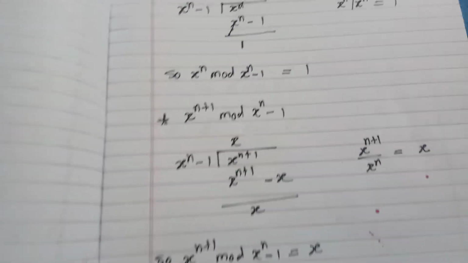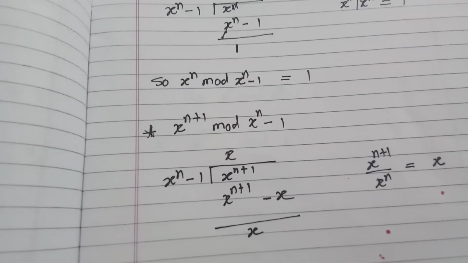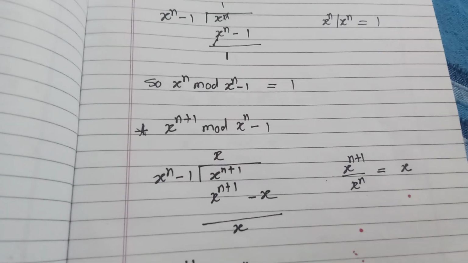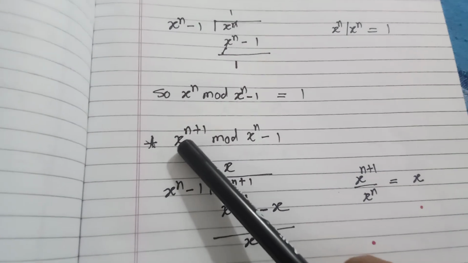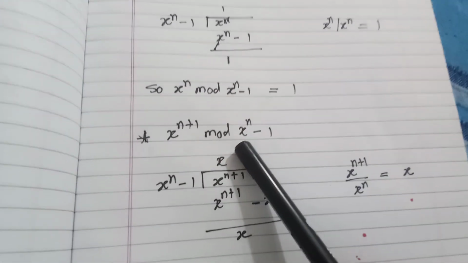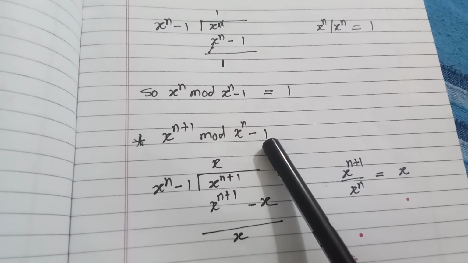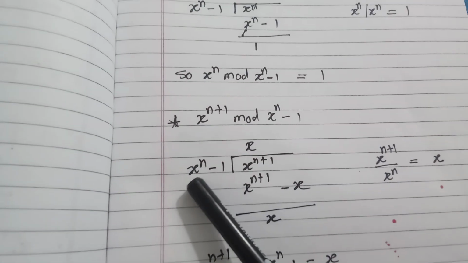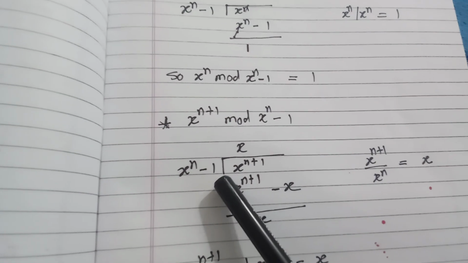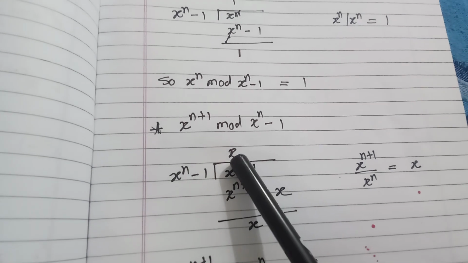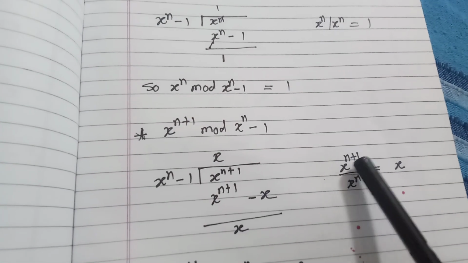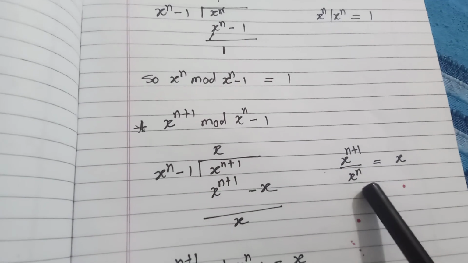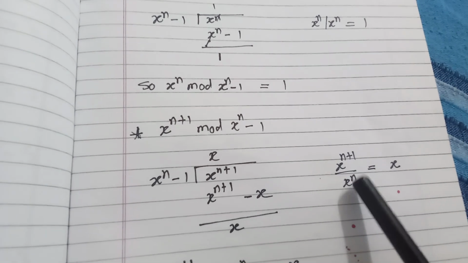Now let us take x^(n+1) mod x^n minus 1. That means you have to divide x^(n+1) with x^n minus 1 and take its remainder. To find the first quotient, we divide the first term x^(n+1) by x^n.